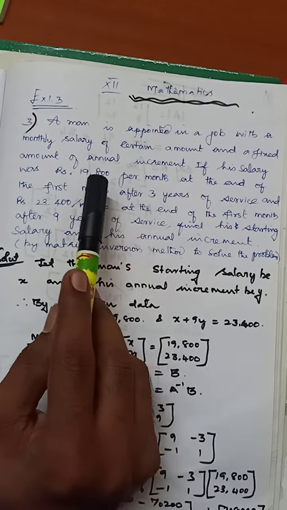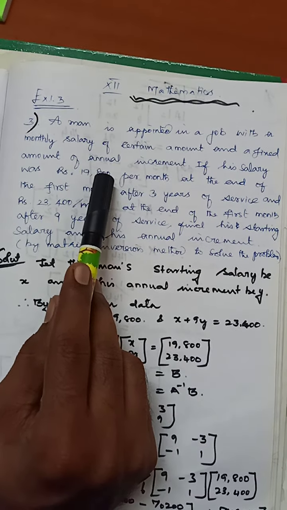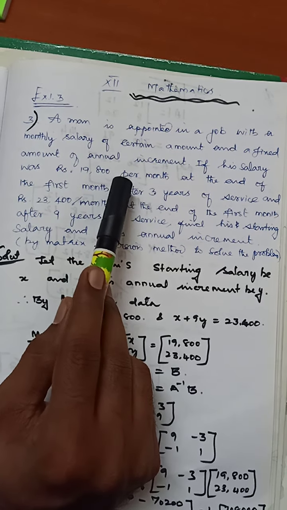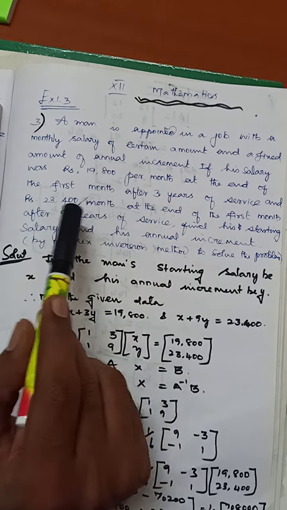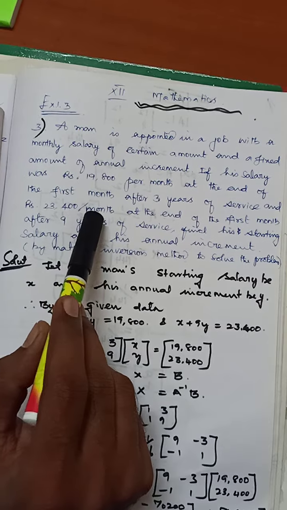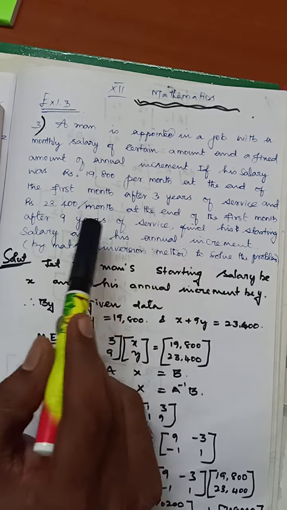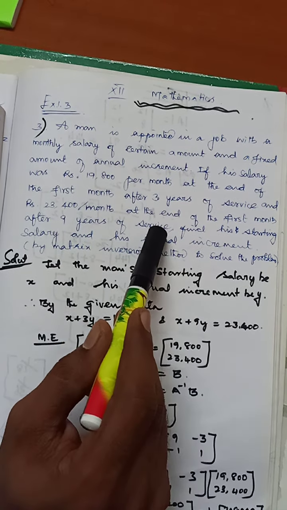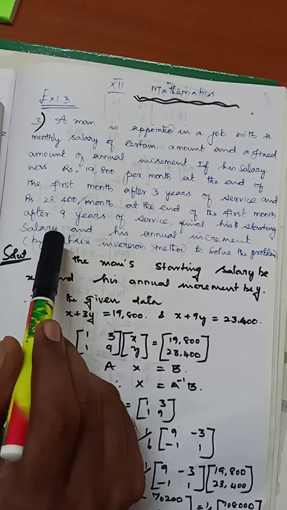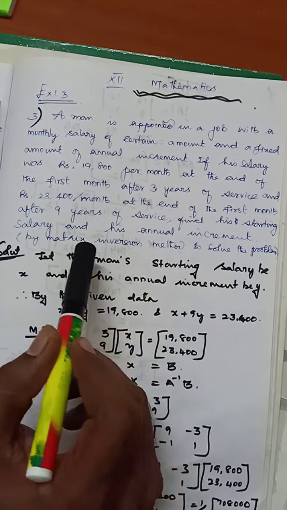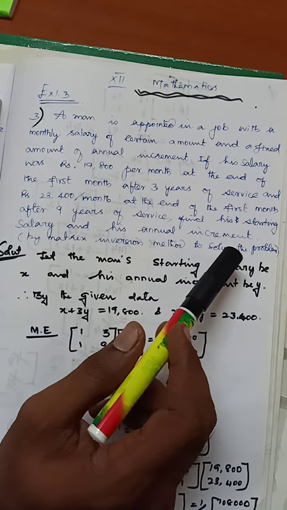After 3 years your salary will be 19,800, so 3 years increment plus starting salary, and rupees 23,400 per month at the end of the first month after 9 years of service. Find his starting salary and his annual increment by the matrix inversion method.